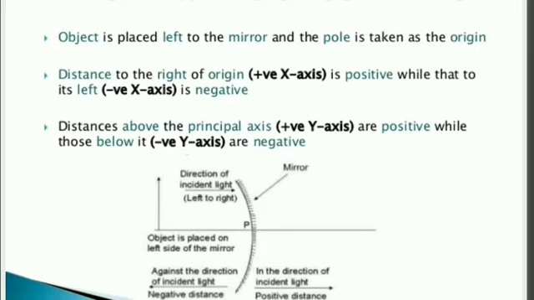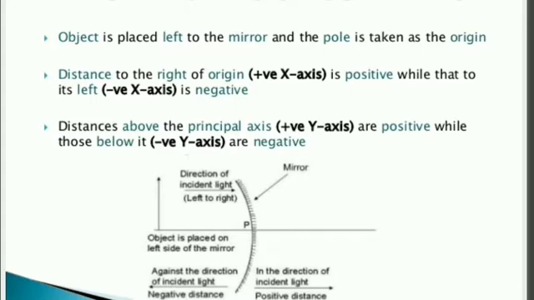And the conventions are as follows. First of all, the object is always placed to the left of the mirror and the pole is taken as origin. Whether it is a mirror, a lens, concave or convex, we always keep the object at left. The first rule which you have to follow is that the object is always placed to the left of the mirror.